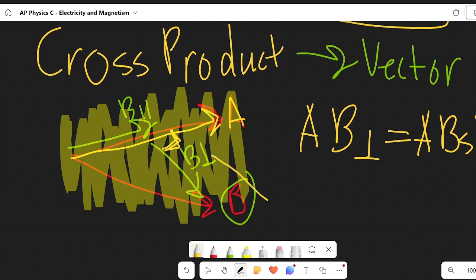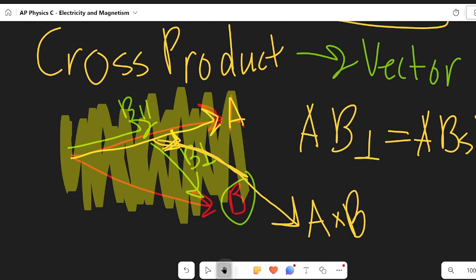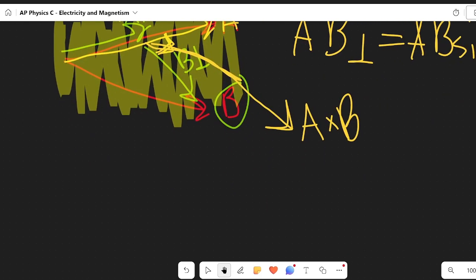Essentially, the cross product's direction will be drawing a perpendicular out from it. So this will be the cross product, A times B, coming out of the same surface. And in fact, I drew this wrong. It'll start at the intersection, and essentially it'll come out of the surface. That will be your cross product.